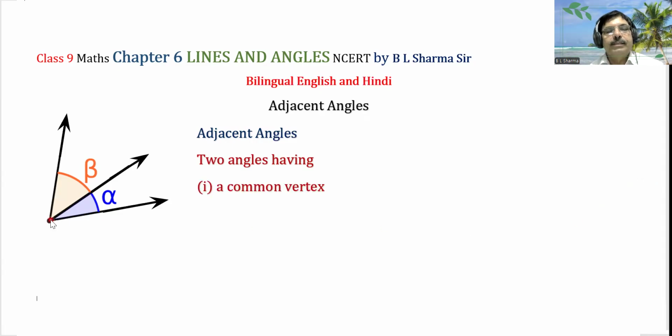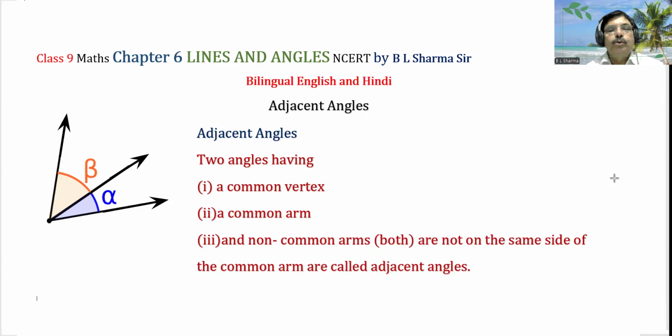This is the common vertex. One arm common, means you can say this arm, this arm. This arm is common. And number 3, non-common arms are on both sides of the common arm.